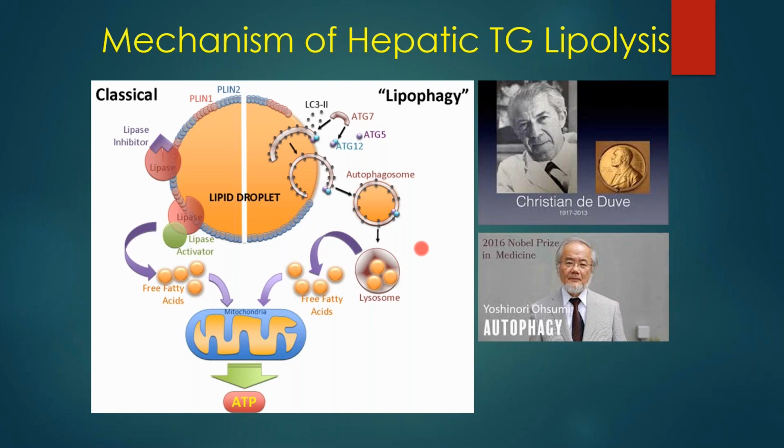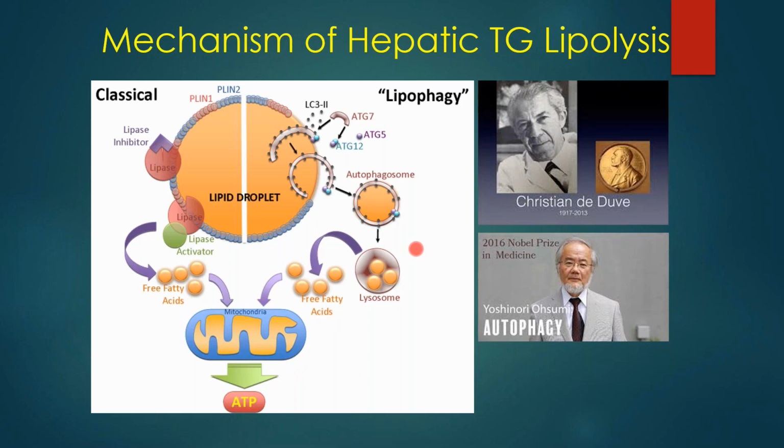They have a lot of enzymes which include hydrolases and lipases, but they are all active in the acidic environment. Lysosomes are acidic inside because they have pumps which pump H+ ions inside them. So in the acidic environment of lysosomes, there are specific lipases which degrade lipid, and the fate is the same as the cytosolic lipase. You release free fatty acid, which goes into the mitochondria to produce ATP.